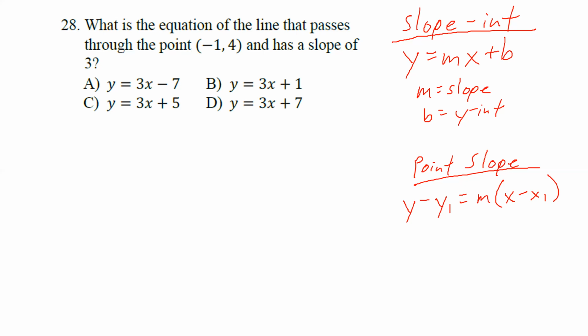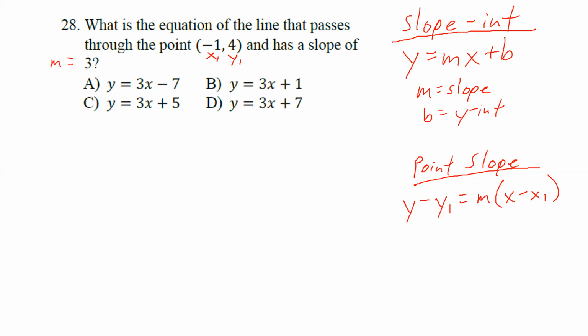Now, for 28, the point is (-1, 4). How does that go into our equation? That goes in as x1 and y1 in point-slope form. The 3 is the slope, so that goes in for m.